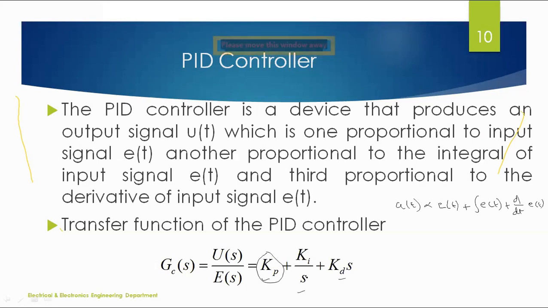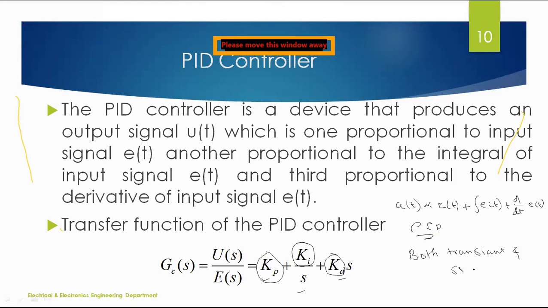Kp is the proportional gain, Ki is the integral gain, and Kd is the derivative gain. So whenever we introduce this PID controller, both the transient and steady state response also improve.